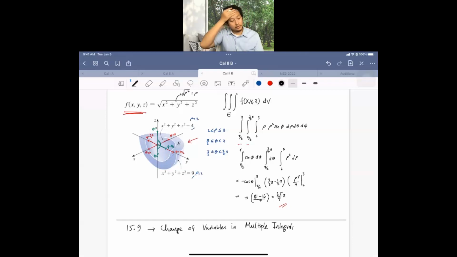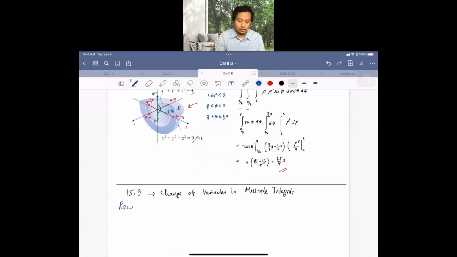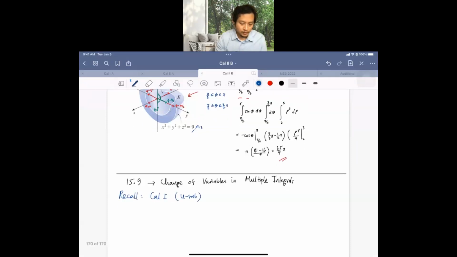To begin this section, maybe we can recall the calculus 1 method, which is we learn about the u substitutions, right? U sub method. So if you have integrations from a to b of f of x dx, we can convert this with another variable, usually we call u.